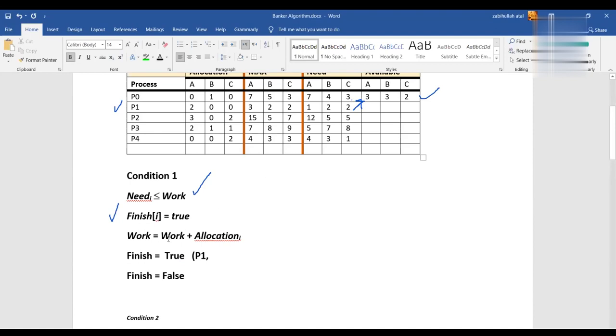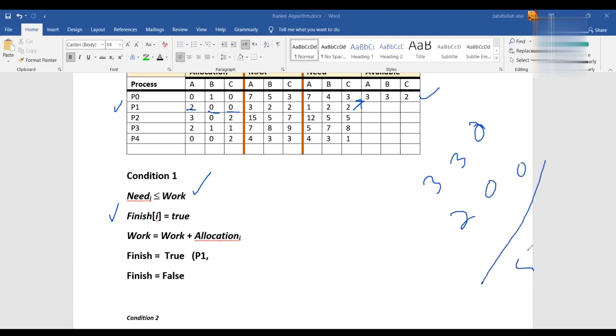What will happen after this? Work plus allocation. We have to retake the allocated resources from P1 and add them. So there is 2, 0, 0. The available resources are 3, 3, 2. We have to add 2, 0, 0.